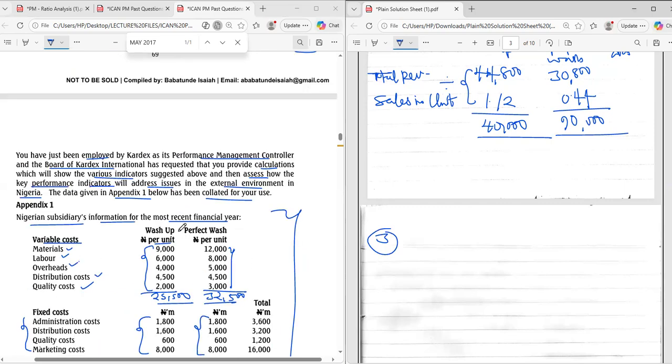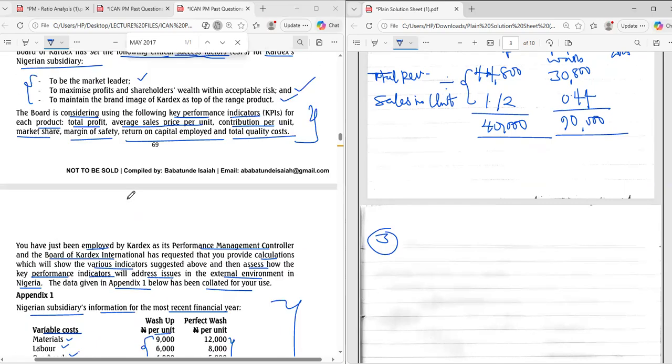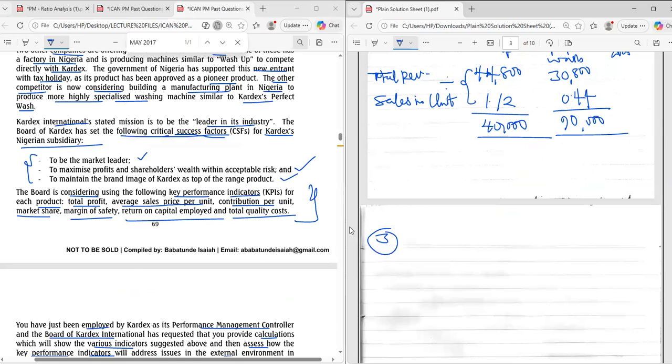Let's do number 3. Contribution per unit. So how do we go? What's the formula? Unit sales minus variable cost per unit.